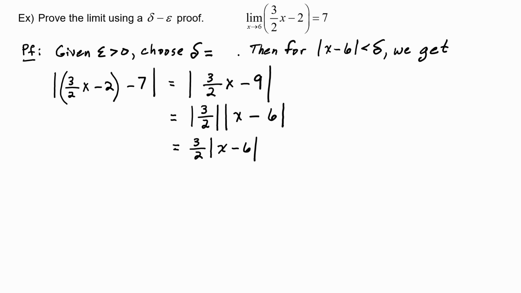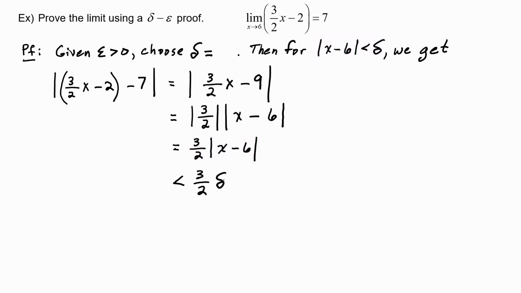And now this is the mathemagic portion of every delta-epsilon proof. You will always end up with a factor that is your absolute value of x minus c term. It will work out 100% of the time that you get this factor somewhere. We know that absolute value of x minus 6 has to be less than delta, so then this quantity has to be less than 3 over 2 times delta.